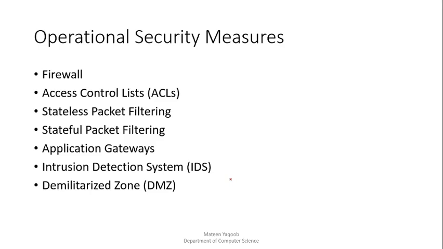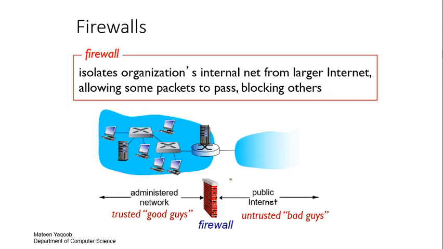First one is the firewall, second one is the access control list, then stateless packet filtering, stateful packet filtering, application gateways, IDS, and DMZs as well. So now let's see how the network can be secured using the firewall.